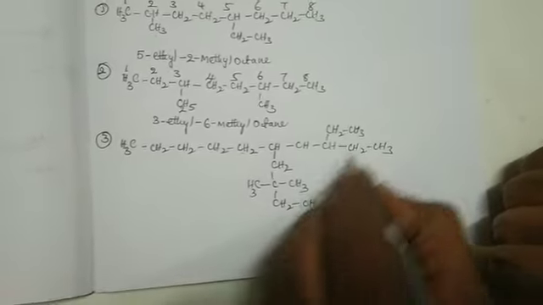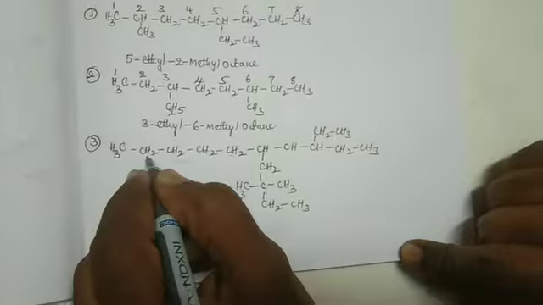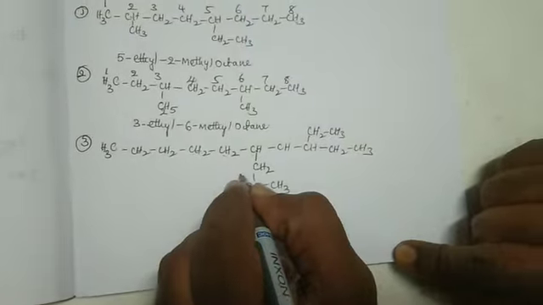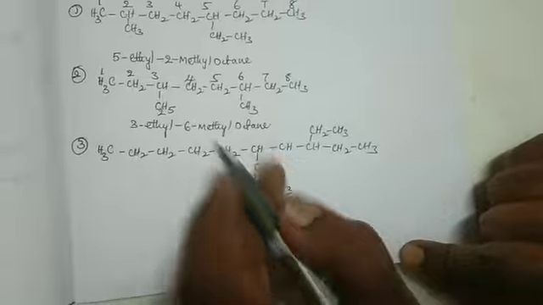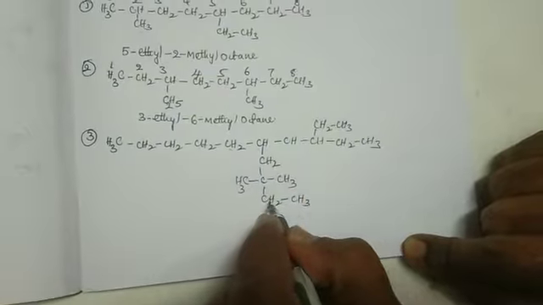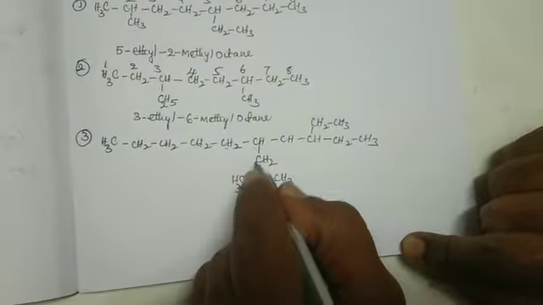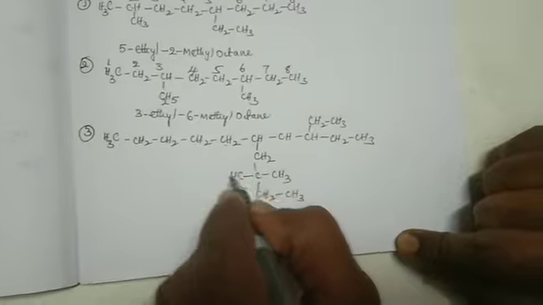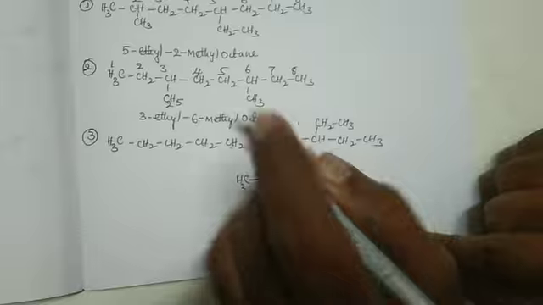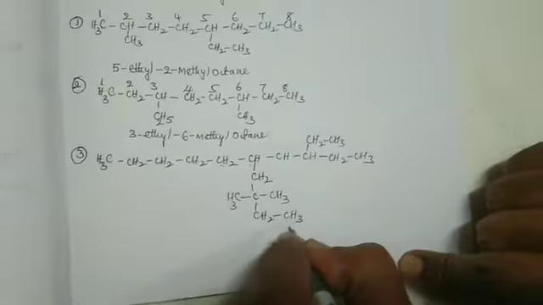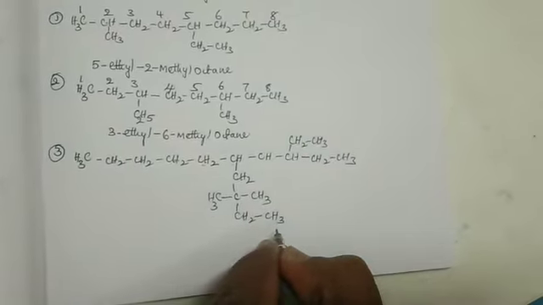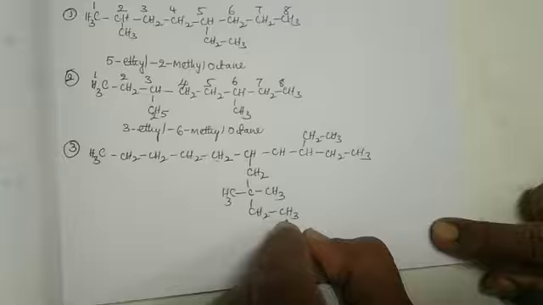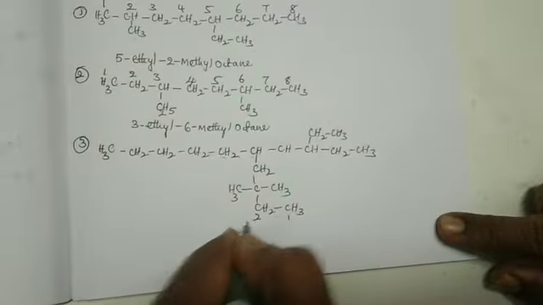In this branch one substitution is there and here one substitution is there, and if you go to this one as the parent chain, there are 3 substitutions. So where there are more substitutions, you take that as the parent chain and give the numbering according to that.